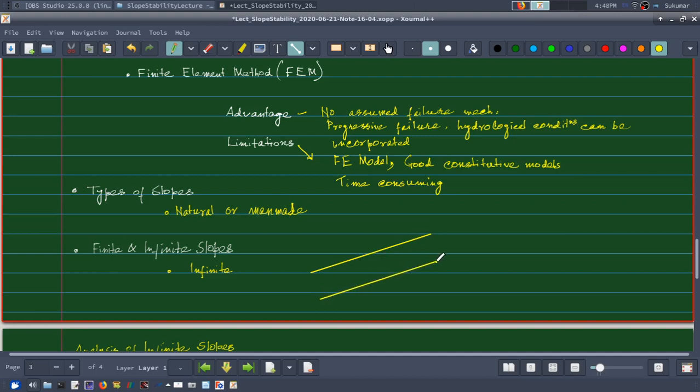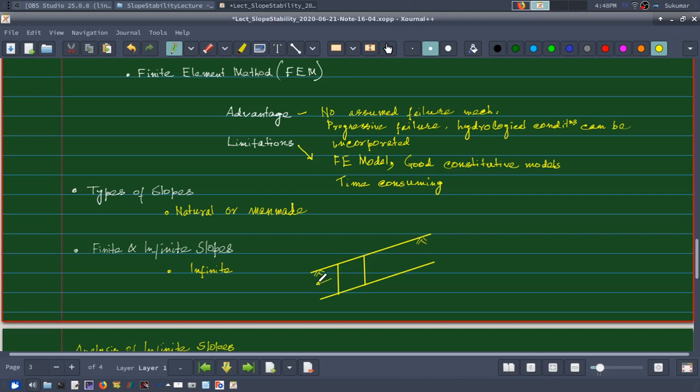Since the boundary doesn't affect the results, at identical depth from the slope surface the soil properties are similar. Therefore, if this is my slope surface, the failure surface will be parallel to the slope surface in an infinite slope.